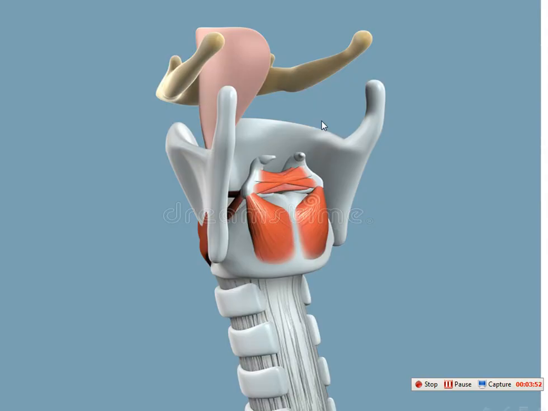In this picture we also have the forming cartilages of the larynx. This is the epiglottis, the thyroid, the arytenoid, and finally here we have the cricoid. This is the first cartilage of the trachea.